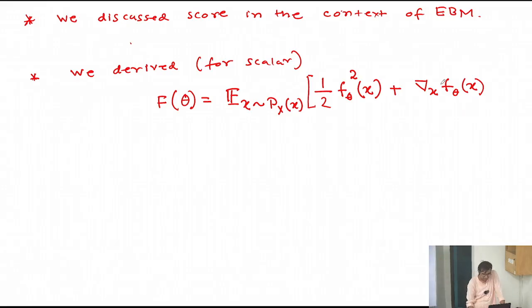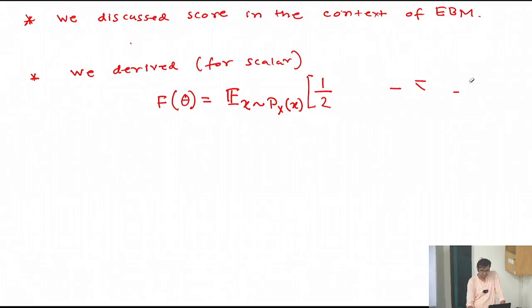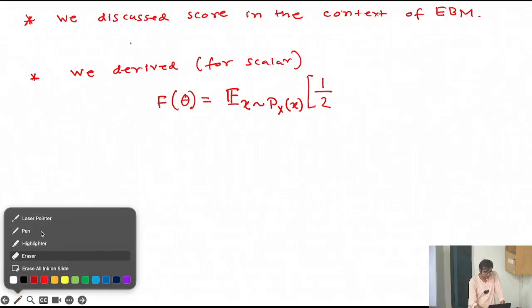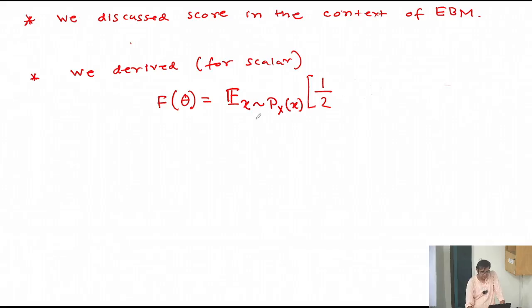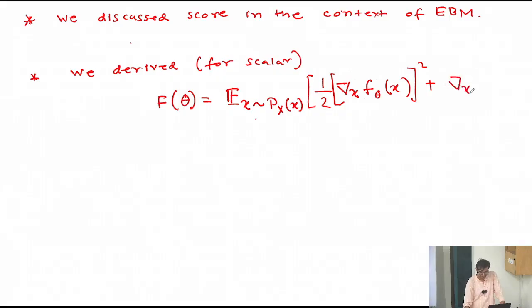Then the first term was half of grad x of f theta x whole square, plus, the half was missing. So in that case, it will be grad square x, the Hessian, right?